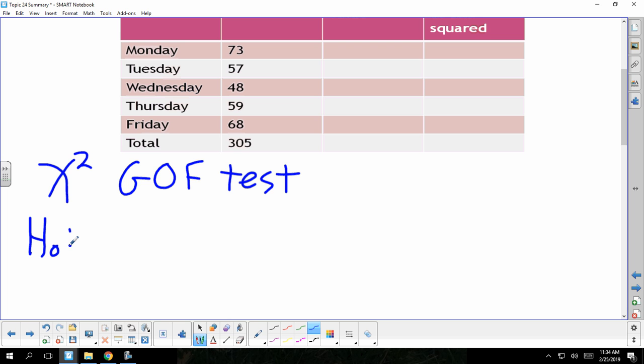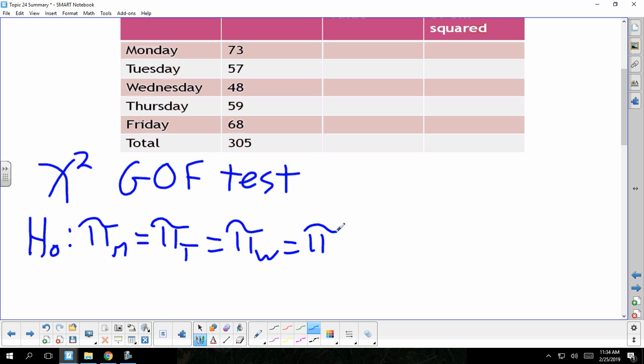In this case, we're starting with our status quo that all of the days of the week have the same proportion of absences. pM equals pT equals pW equals pR.